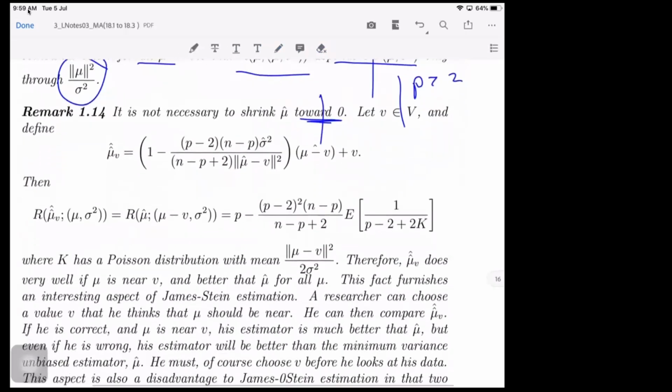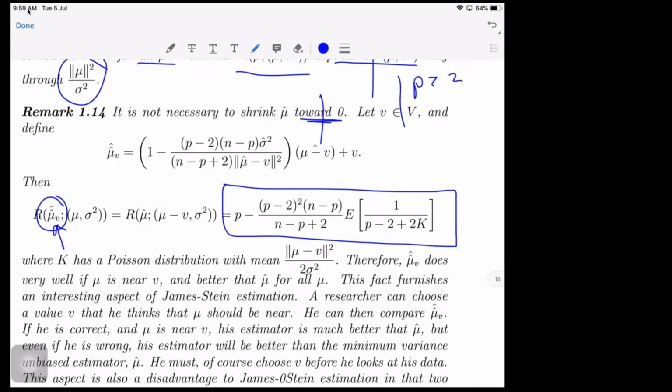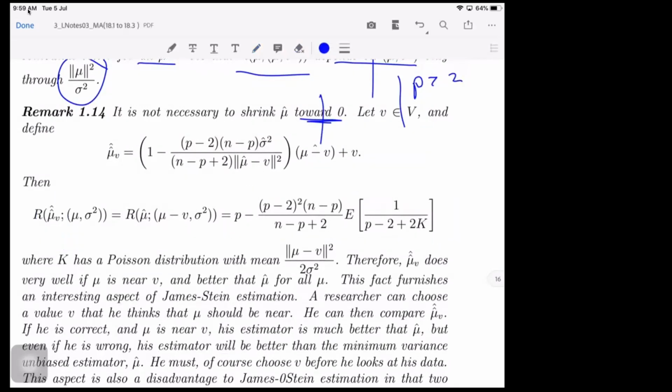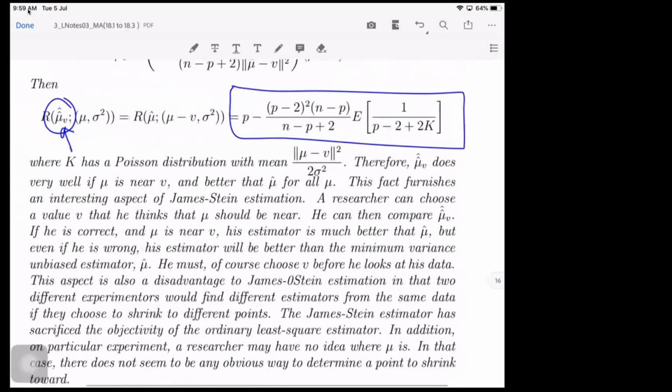The risk associated now when using mu hat hat V, shrinking towards V, will be equal to this. Let me read these remarks here.